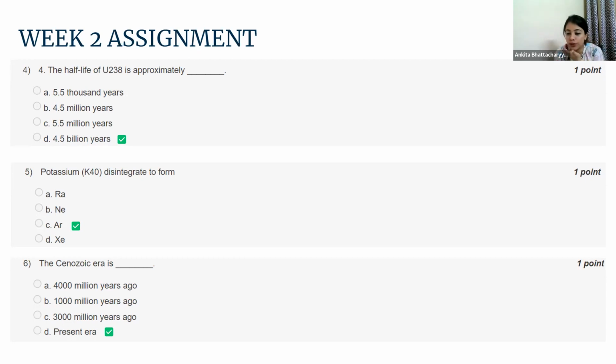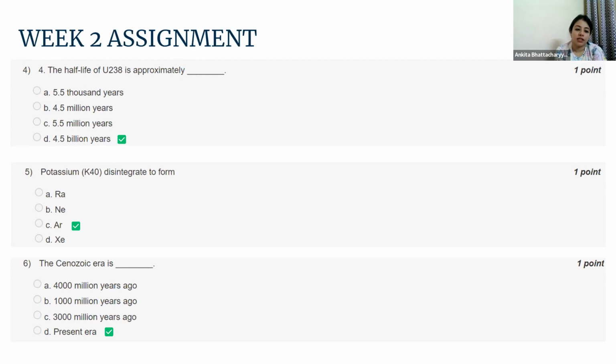If you go through the lectures, you'll see how Professor Vishal Trivedi has explained that if you have 10 milligrams of this and then 5 milligrams of this, it indicates that it has disintegrated to 50% of its initial concentration. And therefore you can say that the soil or the rock present in this particular area is that many years old. So that is how it is used for dating.